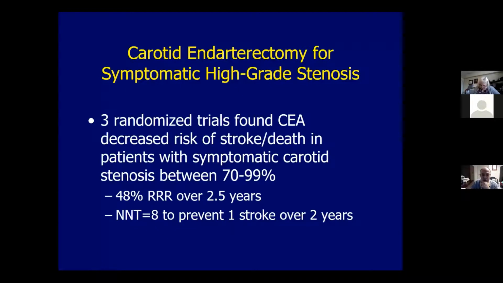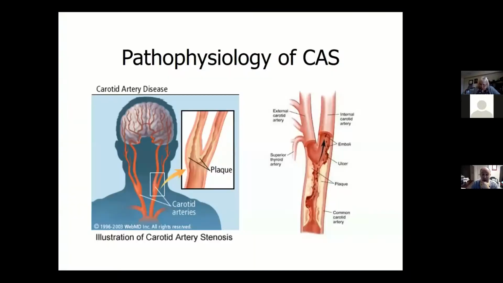We know very well that carotid endarterectomy, a form of carotid revascularization, will reduce the likelihood of a recurrent stroke. If only part of the plaque is ruptured and you only had a TIA or a minor stroke, there's still potential for a much bigger event if you've got a lot of plaque left.